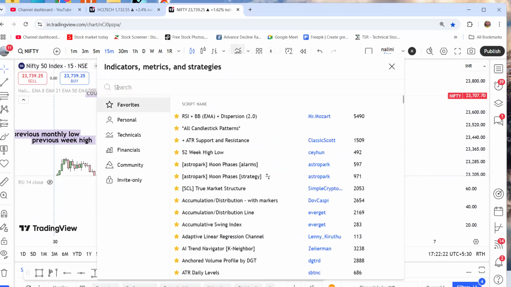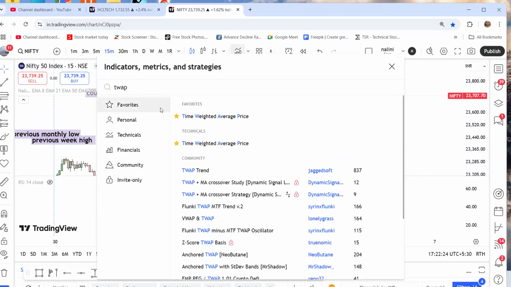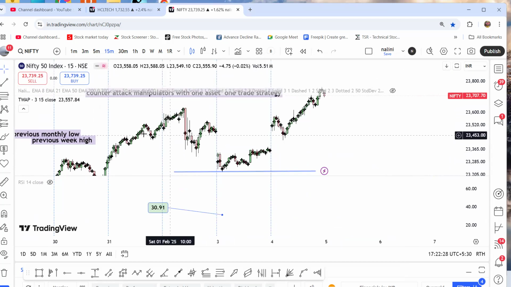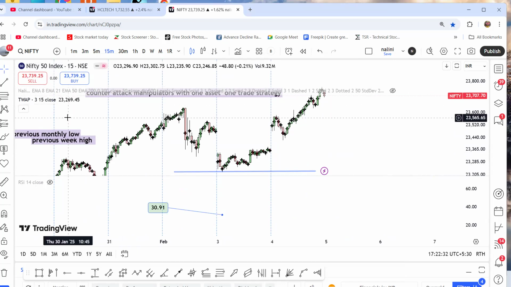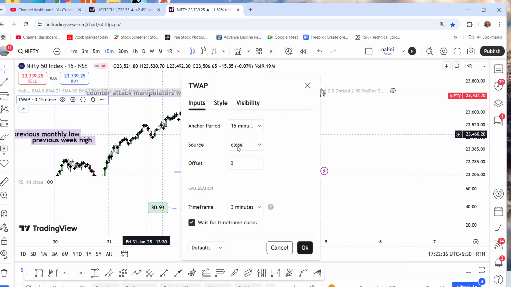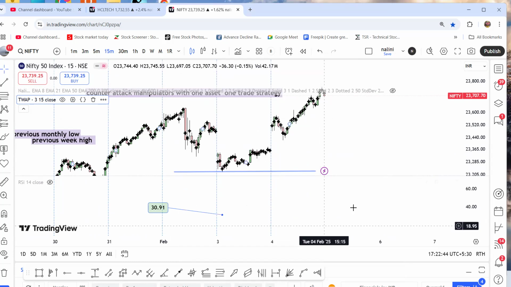Okay, TWAP. If you apply the TWAP, I've put the settings for the intraday 15 minute time frame and 3 minute time frame. You can even put it on the chart also.